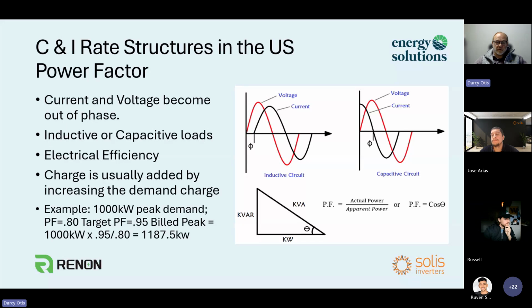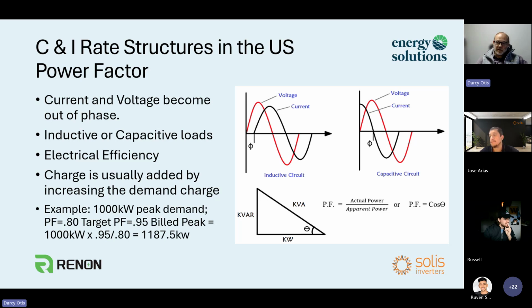That first picture that's on my right, or the right side of the screen, the one on the left. And so essentially it impacts the actual power being used or available within the facility.